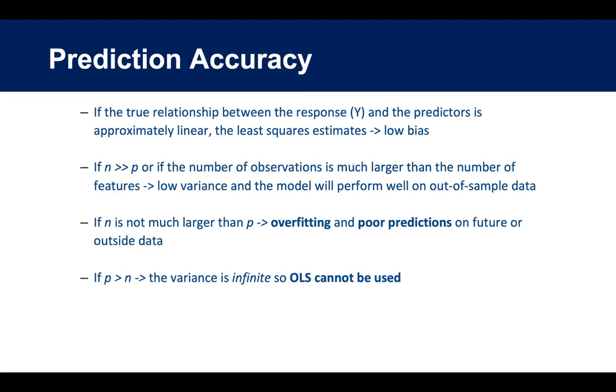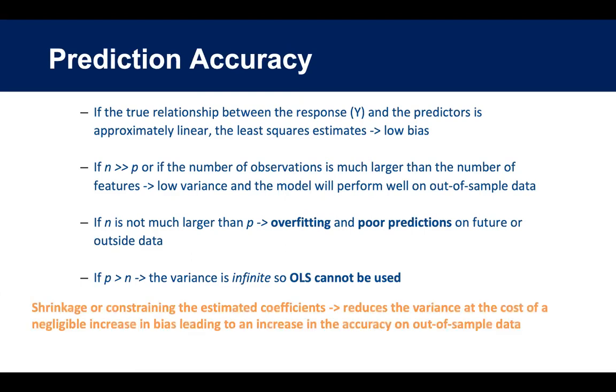However, if n is not much larger than the number of independent variables, the likely outcome is overfitting and poor predictions on future or outside data. And again, as I mentioned, if the number of independent variables is greater than the number of records or observations, then the variance is in fact infinite, so ordinary least squares cannot be used.